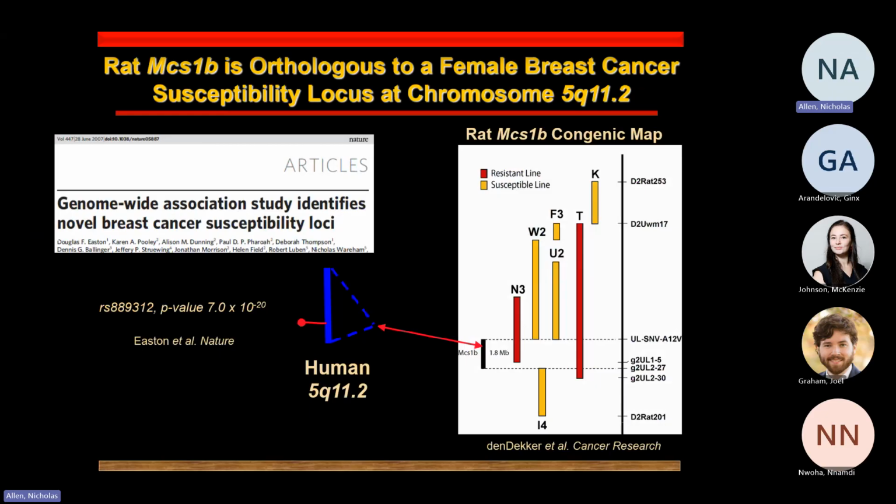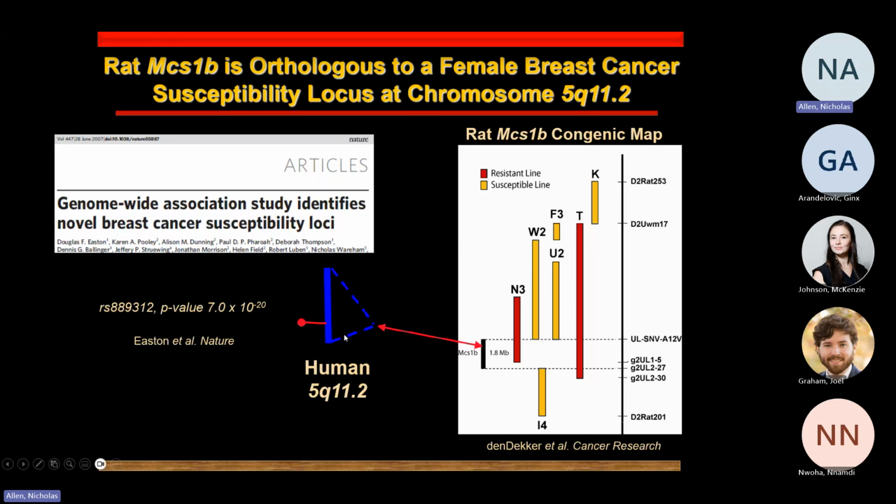Okay, a GWAS usually finds one SNP or variant that's associated, but in this block, because of the way the human genome is structured in blocks, there are going to be different variants that develop over time.